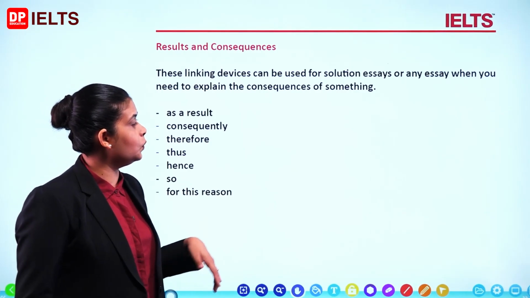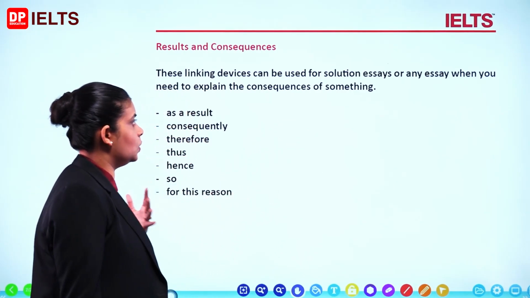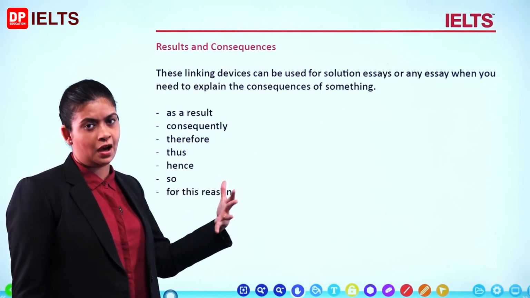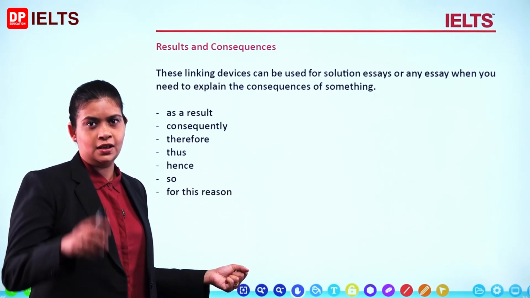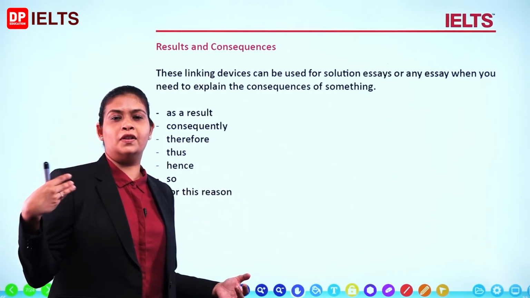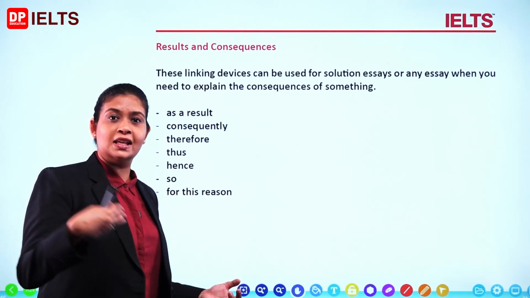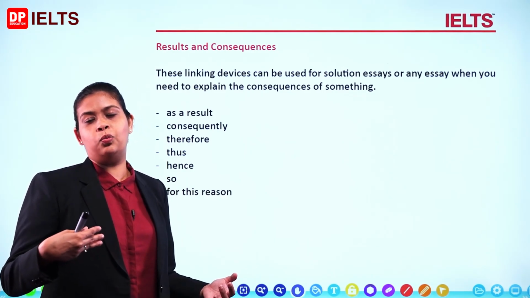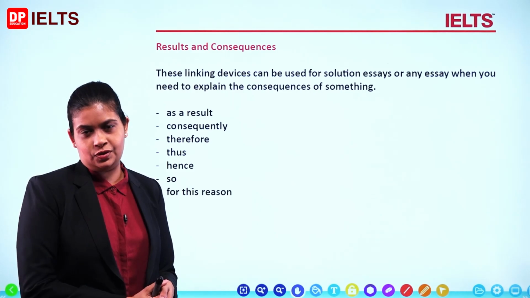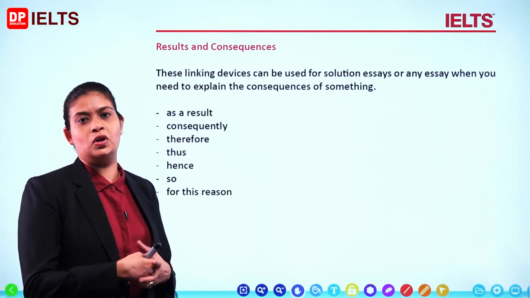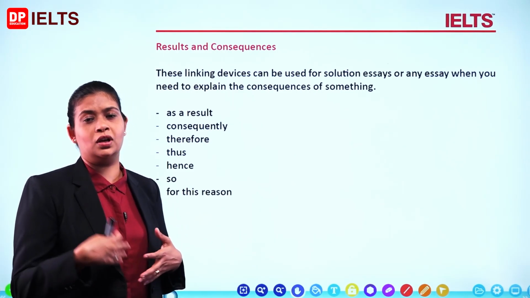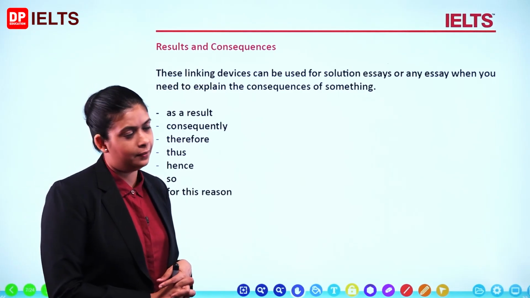So here, if you have solution essays, cause, effect, and solution, part of that is solution essays. Cause, you have to write the cause, you have to write the solution, right? And why this happened. So they give you a problem, what caused it, what is the effect of it, and what kind of solutions can you take, okay?